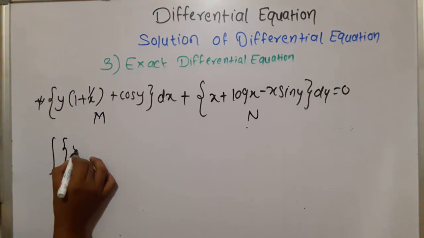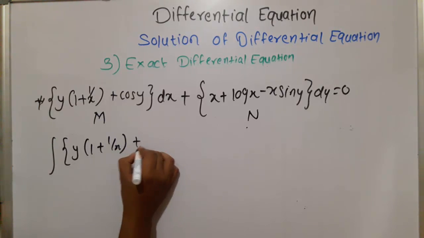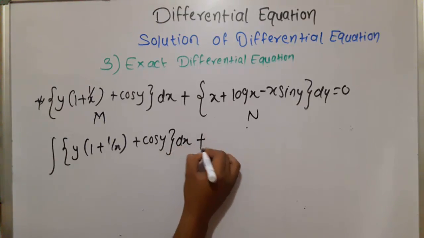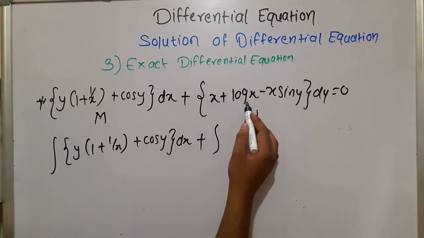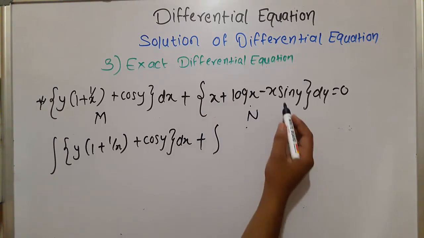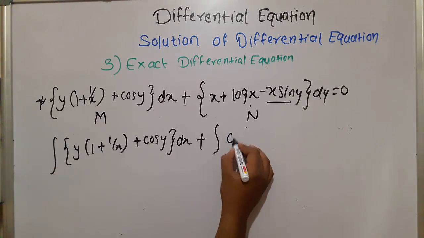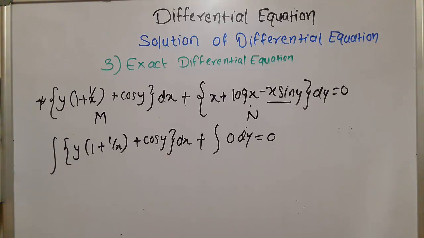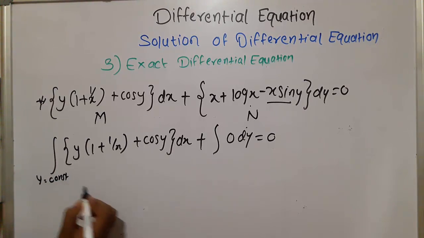So the integration of y(1 plus 1 by x plus cos y), which is the M term, dx, plus the integration of N dy. Here we have x, so we neglect that. Here we also have x, so we neglect that. So we have 0 because we don't have any pure y term. Remember, only the y term we require, and while integrating this we take y as a constant.